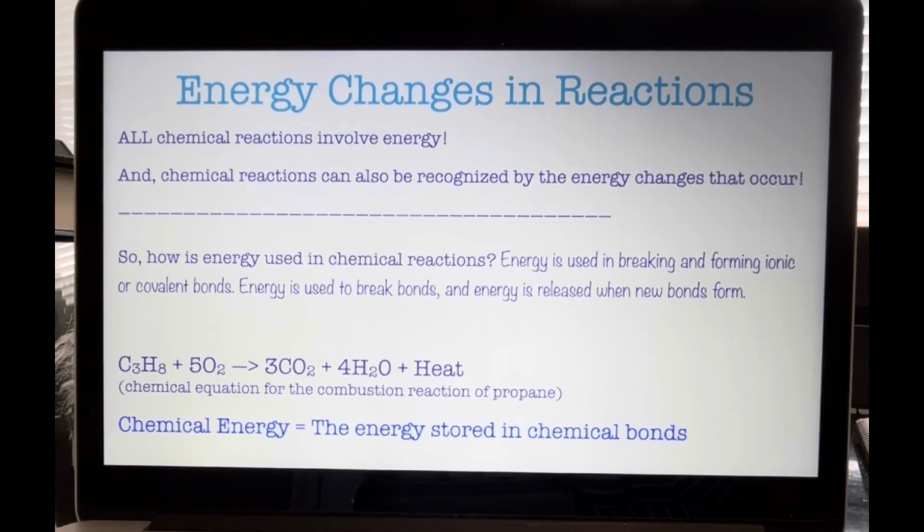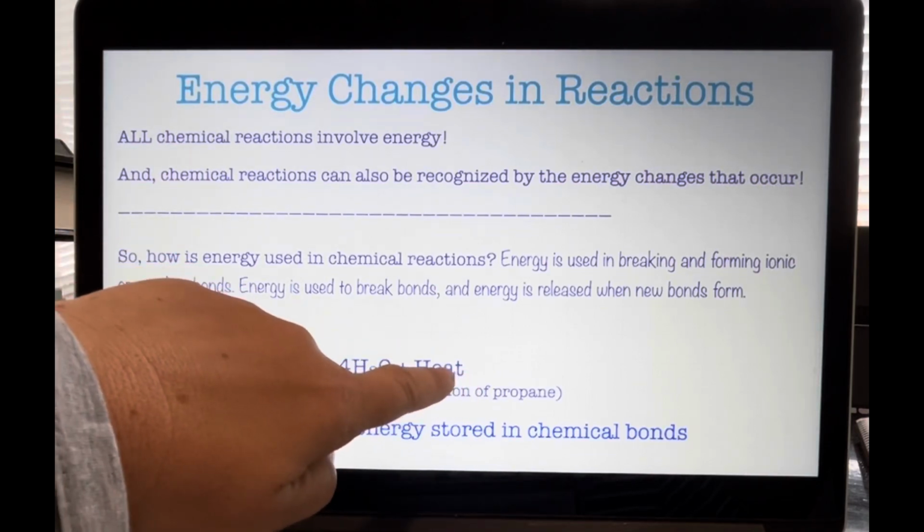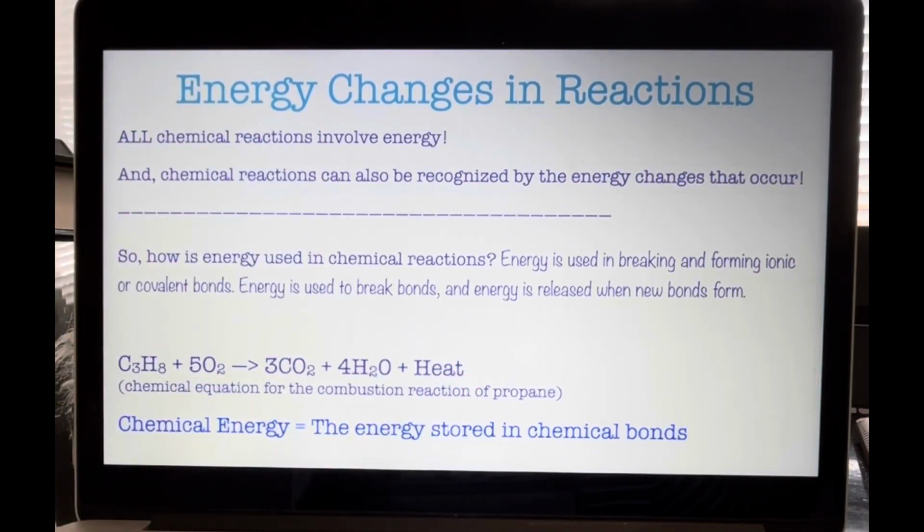If you look at the chemical equation for the combustion reaction of propane, the fuel we used in gas grills, you can write heat as one of the products on the right side of the equation. So we can just put heat over here. Since the products are formed when the bonds of the reactants are broken, the equation tells us that the heat came from the reactants.